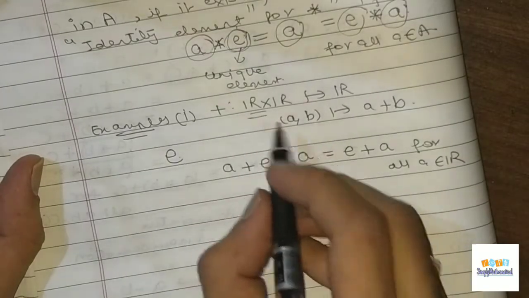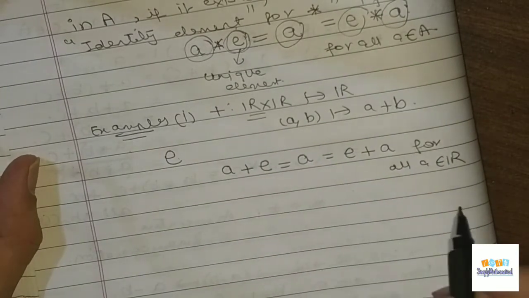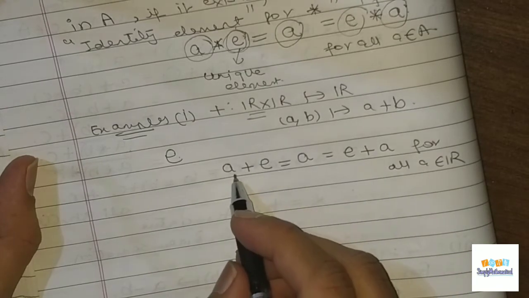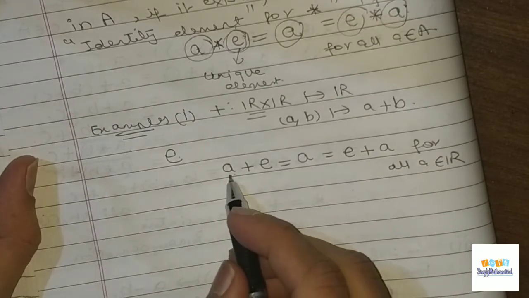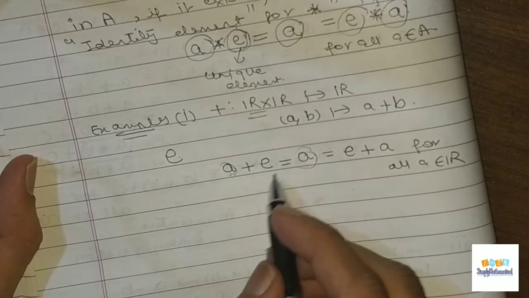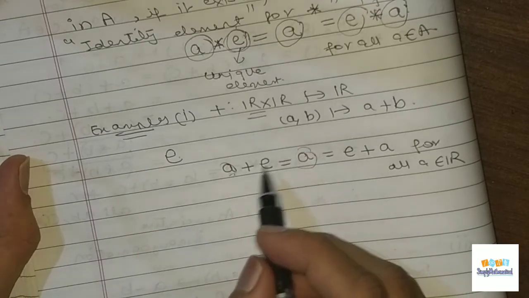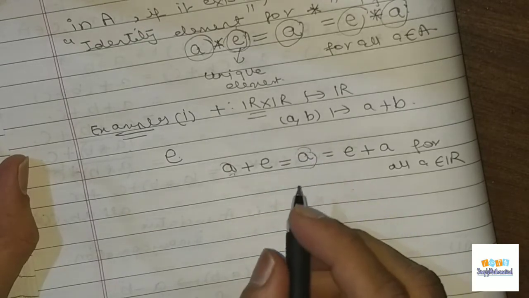Now the set capital A is the real numbers. So what element, when you add it with any element A, will give back the element A?